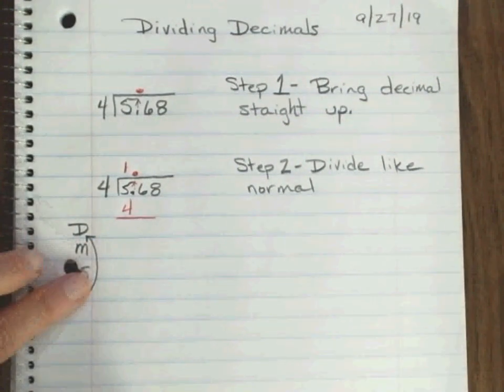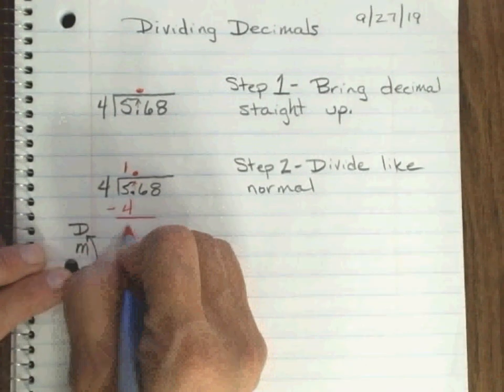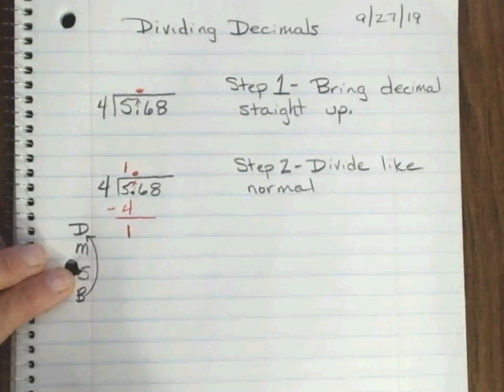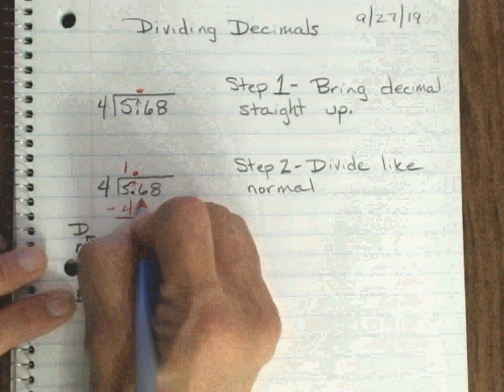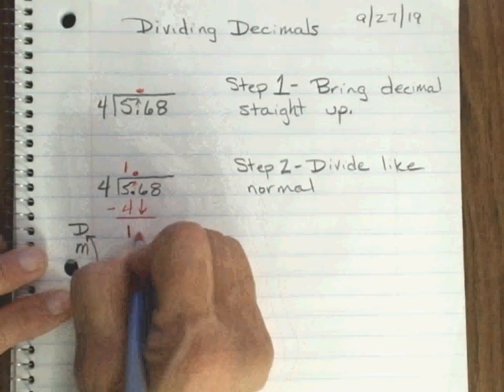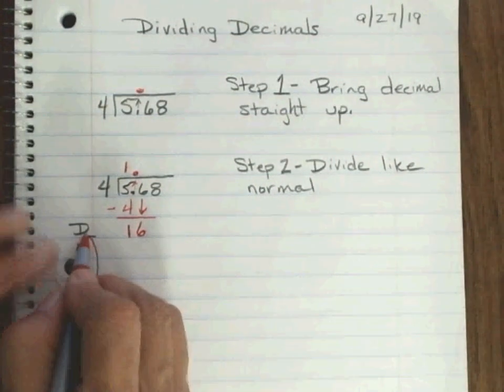And now I'm going to subtract. 5 minus 4 is 1. And now I'm going to bring down. So I'm going to bring down the 6. And I go back up and divide again.